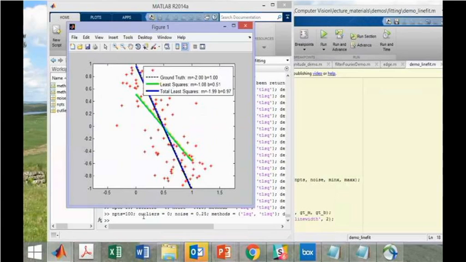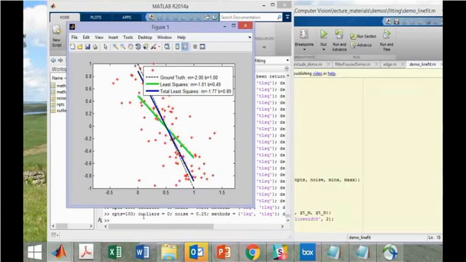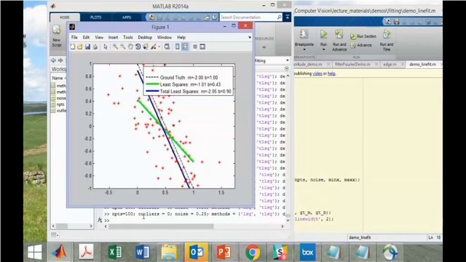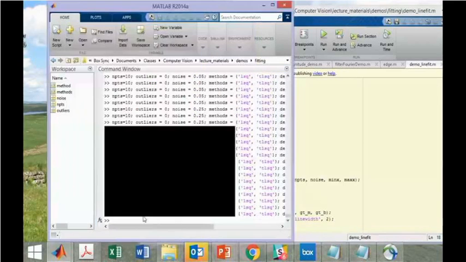So now with 100 points and still a lot of noise, total least squares is pretty much right on target, while least squares is way off because it's not modeling the noise correctly. Right?